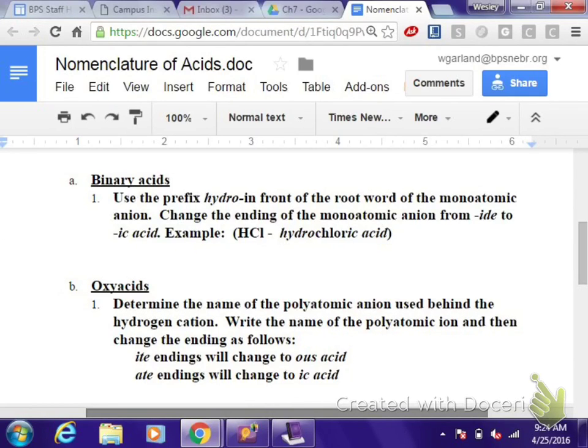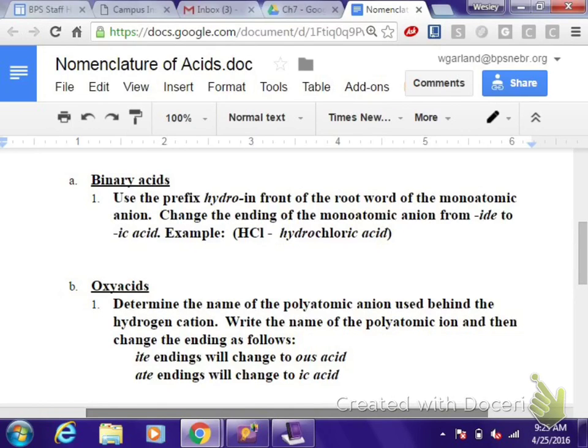The endings take that anion ending: chloride, bromide, iodide, fluoride. They're going to replace it and make it ic. So it's hydro, then the root word of the monoatomic ion, replace the ide, and make it ic acid. Any questions on that?